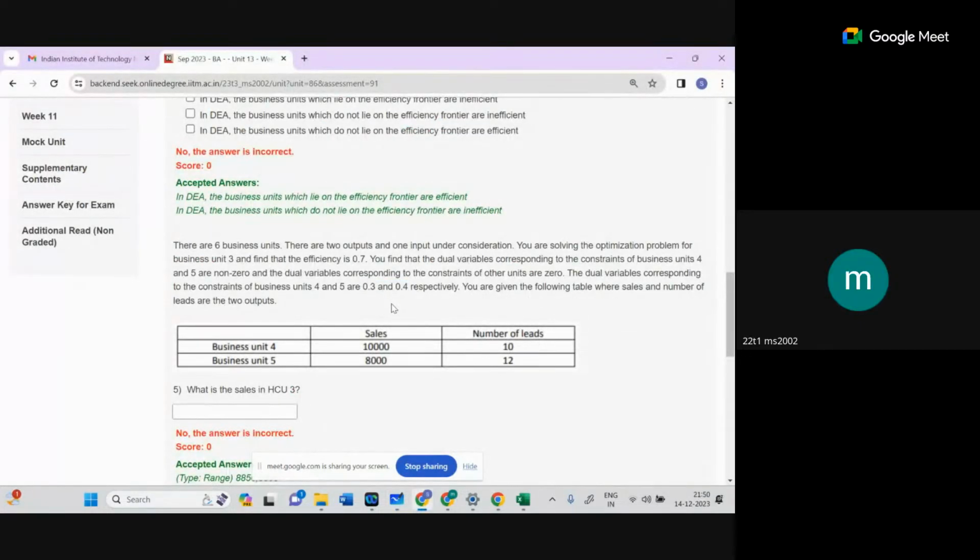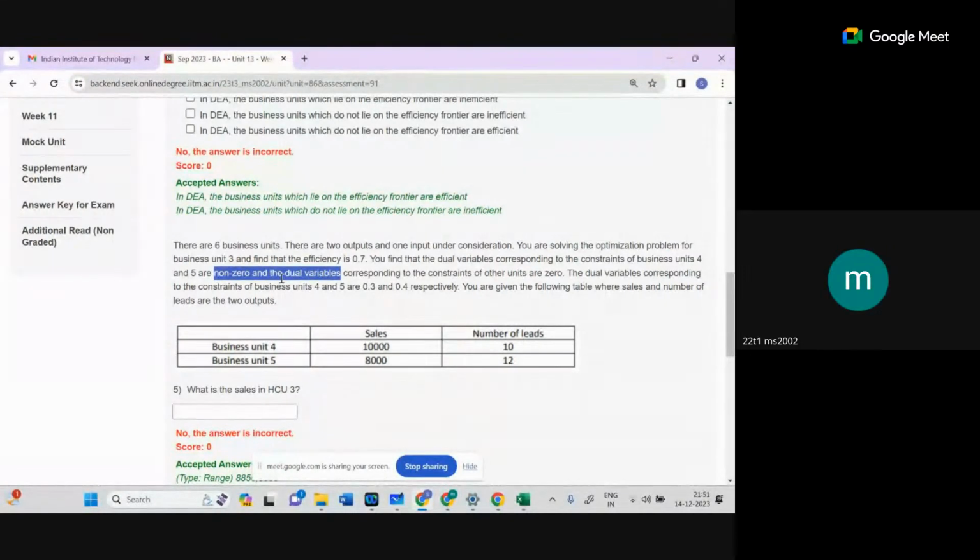Sure. So I strongly recommend you to watch the videos again. But the idea here is, we have 6 business units, and we are going to calculate the efficiency of business unit 3. So our focus is on business unit 3. The corresponding dual variables to business unit 3 are business units 4 and 5, which have non-zero dual values in the Excel sensitivity analysis.